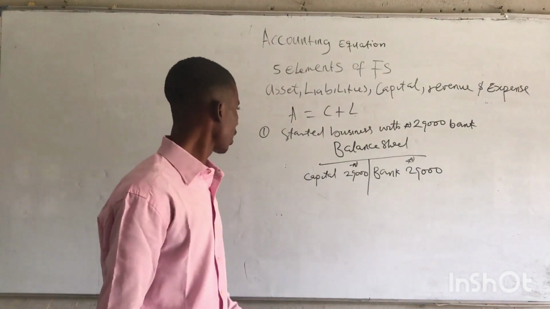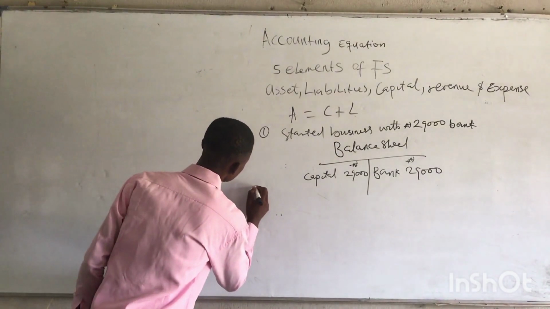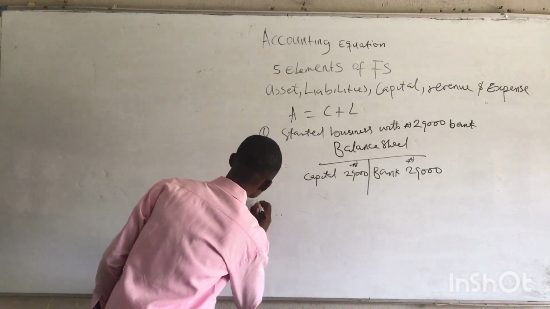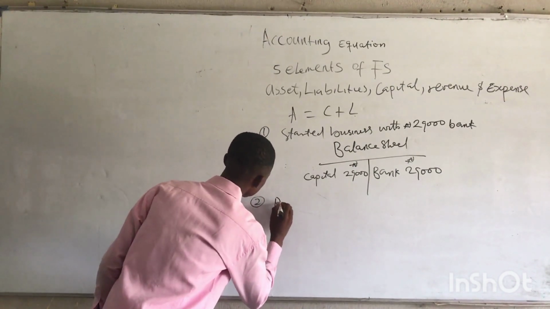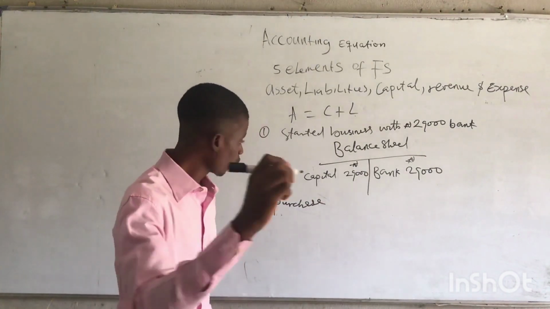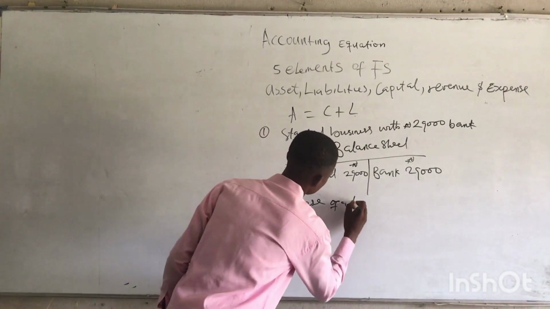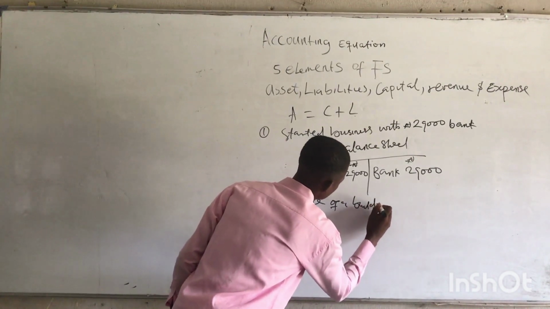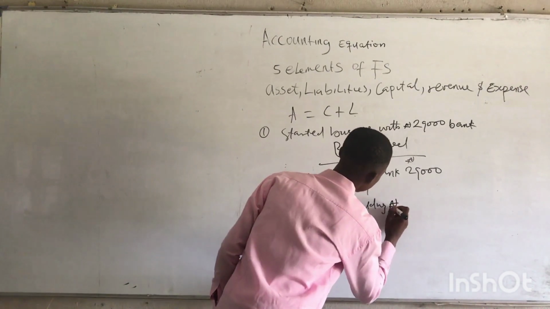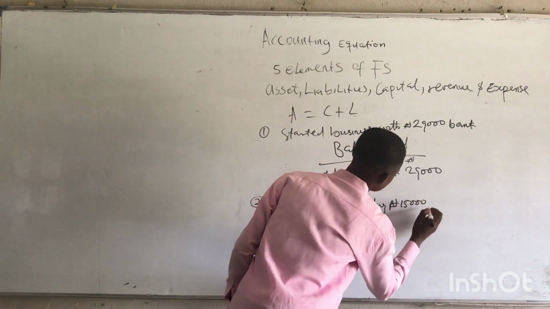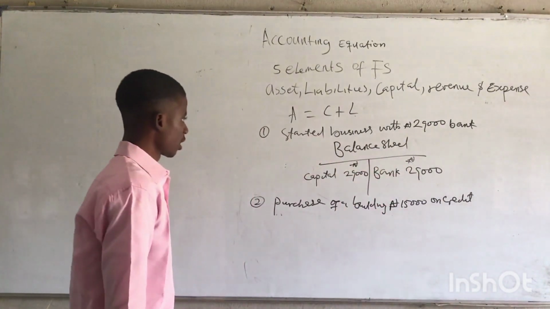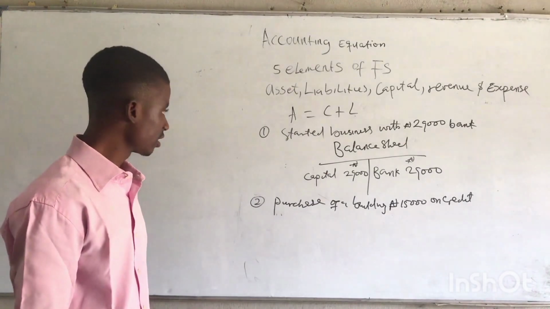But assuming that you have another transaction, let's say the transaction says purchase of a building, 15,000 naira on credit. How is it going to be represented now in the balance sheet?